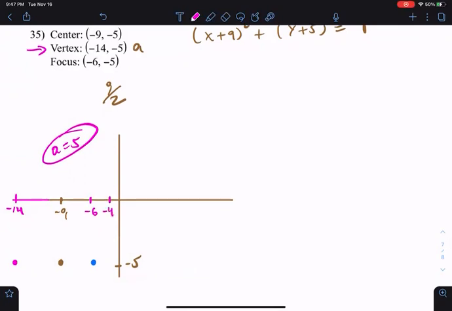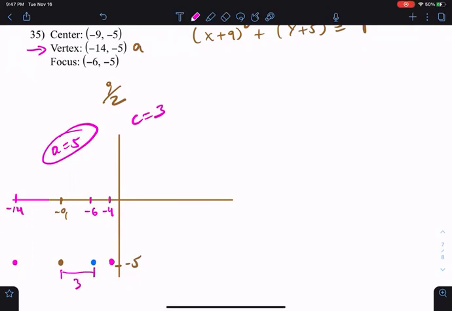So this point is here. And that makes sense because the foci are within the distance from the vertex, right? So C is 3 in this case, the distance from this to this is 3 units.